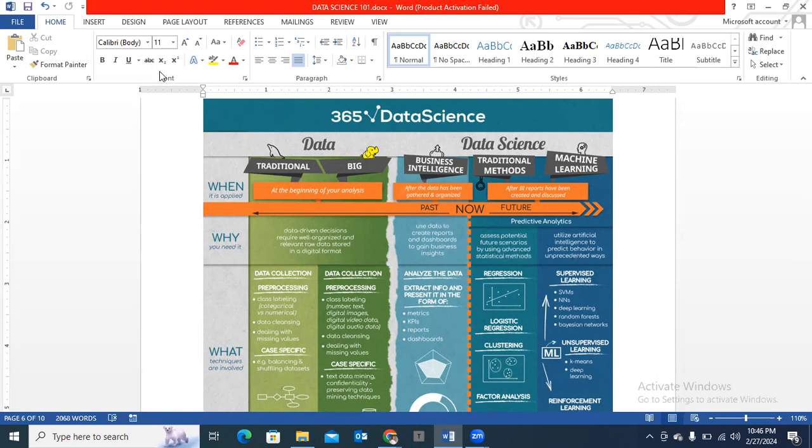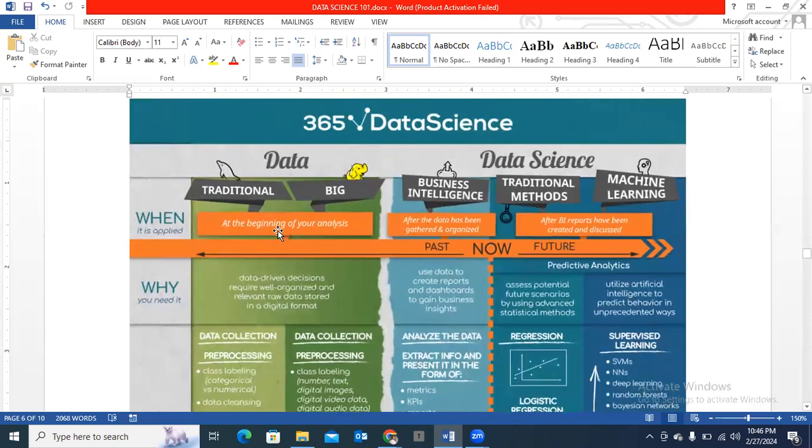So now, when do we need each of these? What is it that we want to work on with data? Be it traditional or big data, we need data at the beginning of our analysis.